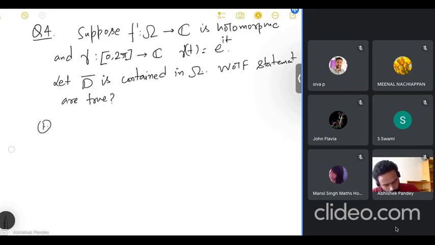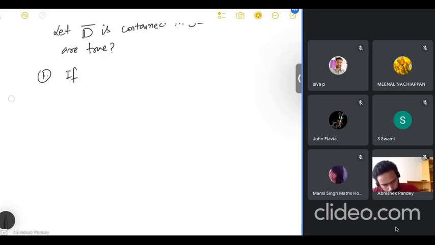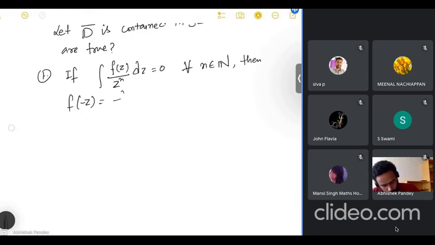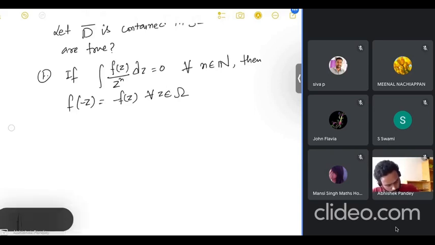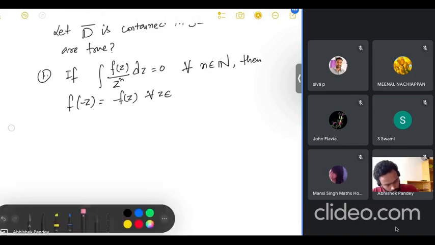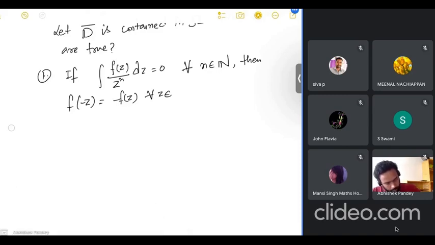The first statement is, if the integral of f of z times z to the power n dz is equal to 0 for every natural number n, then f of minus z is minus f of z for every z belongs to D.